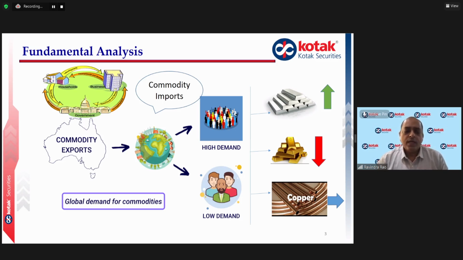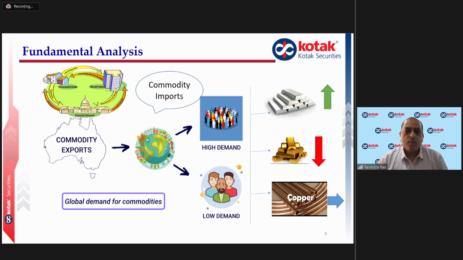If you compare it to equities, in equities you do industry analysis, you do company analysis, you read the balance sheet, you read the profit and loss statement, and then you take a cue on how the company is, and how the industry in which the company is operating is performing, and then you take a call on whether to buy that stock or not.